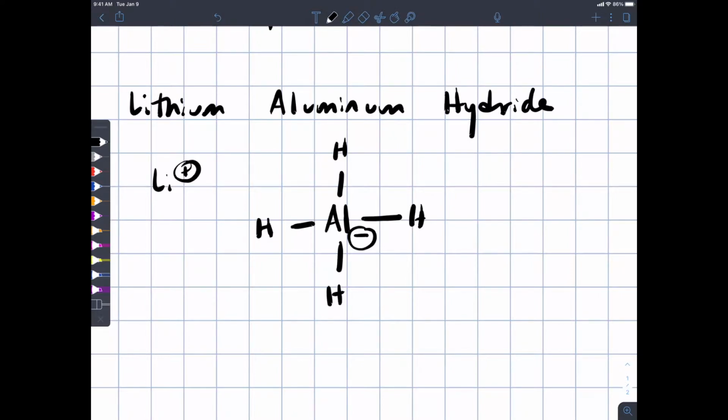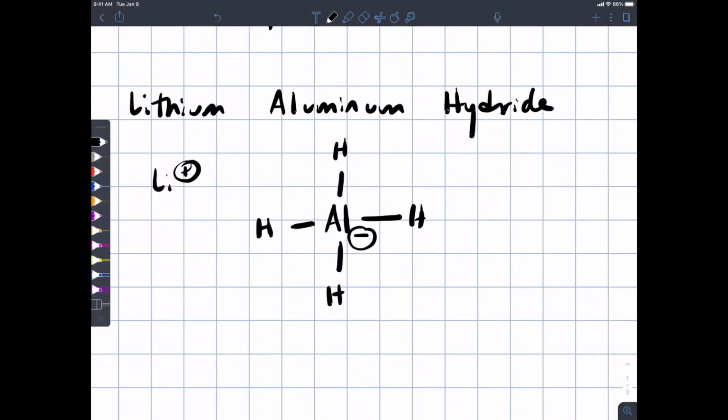So that's clue number 1. Clue number 2 is that if you compare electronegativities, hydrogen is more electronegative than aluminum, which means that much, if not most, of that negative charge has to be out on the hydrogens instead of on the aluminum. Remember, formal charge is really just a way of counting electrons. It doesn't often tell you enough about the actual distribution of electron density in the molecule.